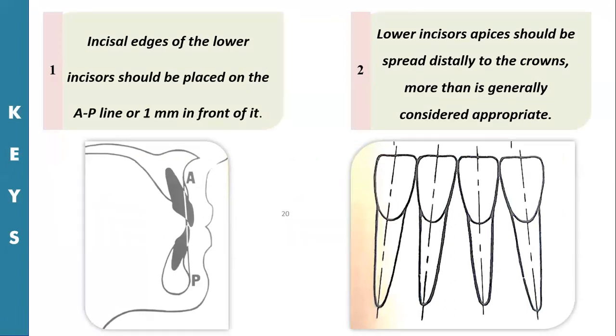The next one is that the lower incisor apices, that is the apex of these lower incisor roots, should be spread distal to the crowns. So if you look at the root, it should be slightly more distal compared to the crown, and he believed this was appropriate, where the lower incisor roots were a little bit diverging.